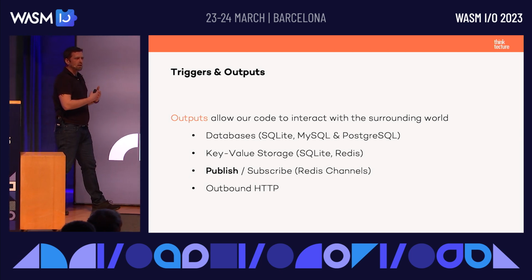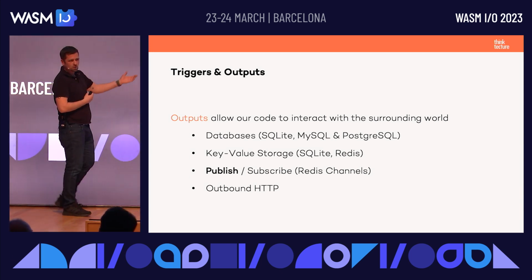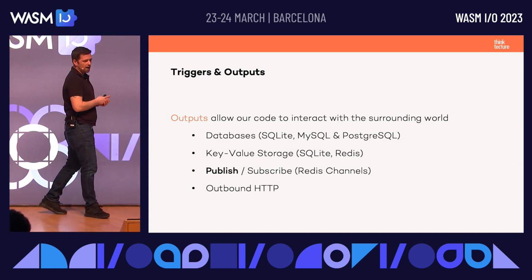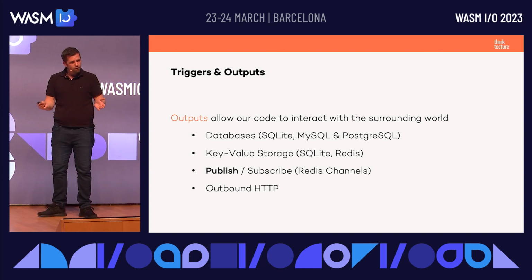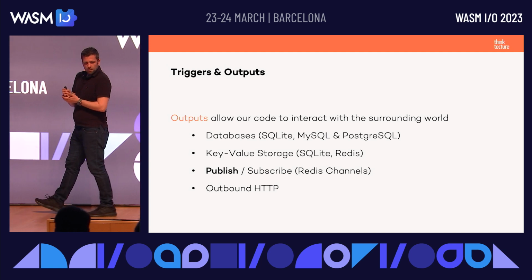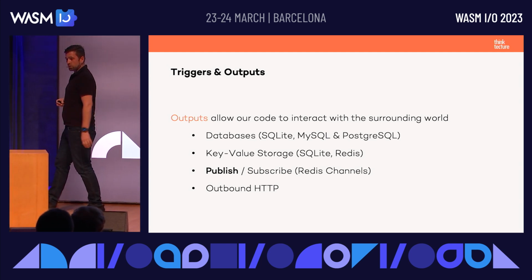So we have a possibility to build CRUD APIs. We can talk to key value servers or systems like SQLite or like Redis. For PubSub, we can use Redis channels as of today, and we can send outbound HTTP requests.